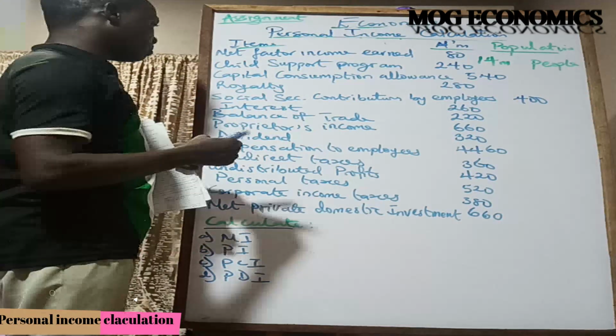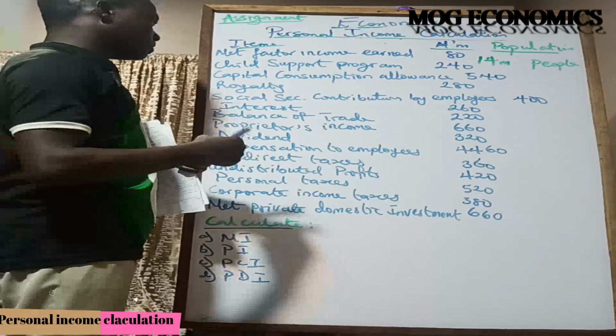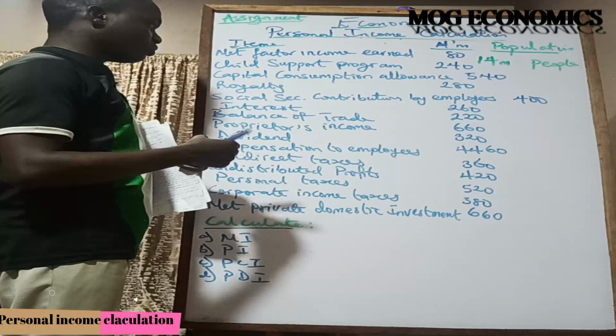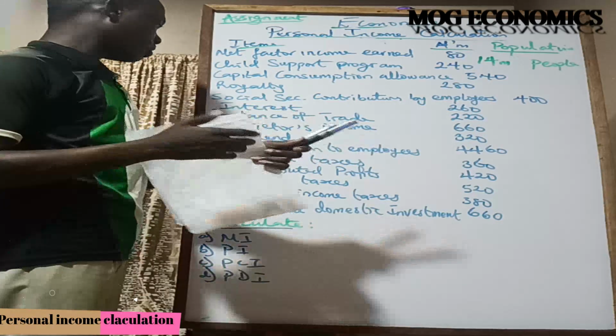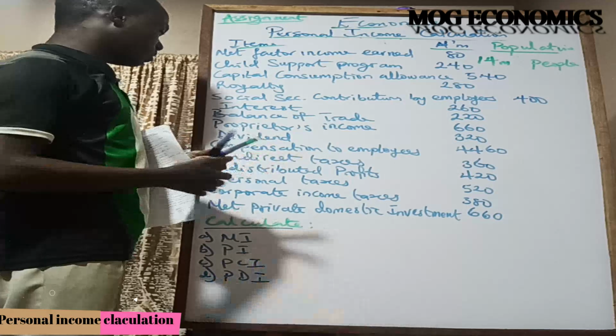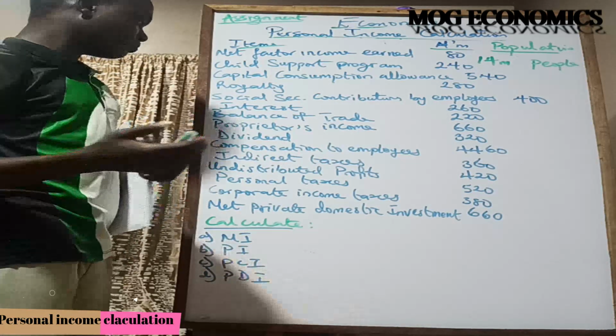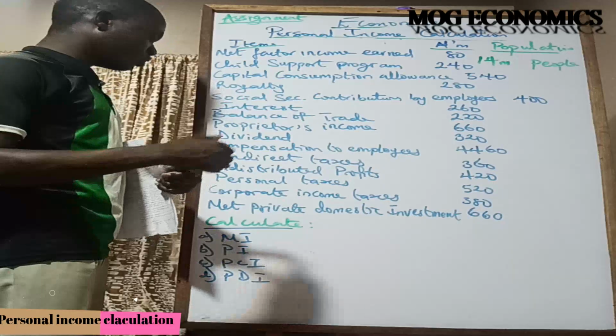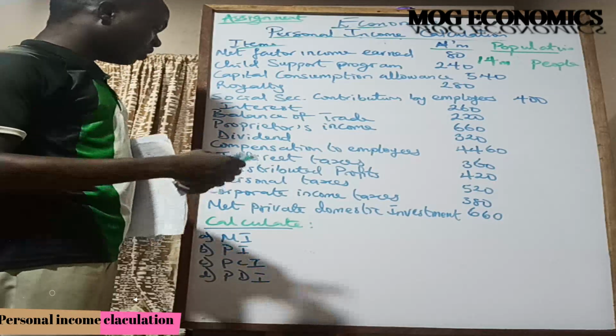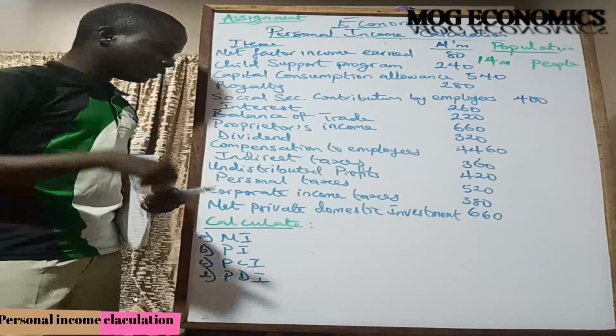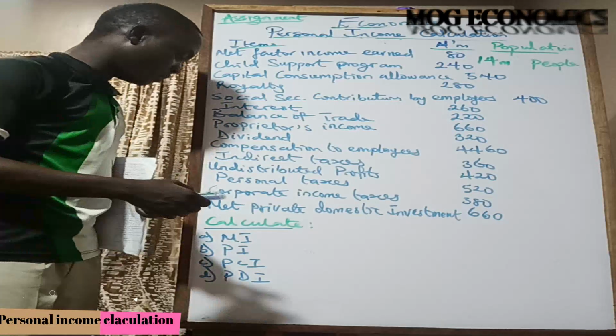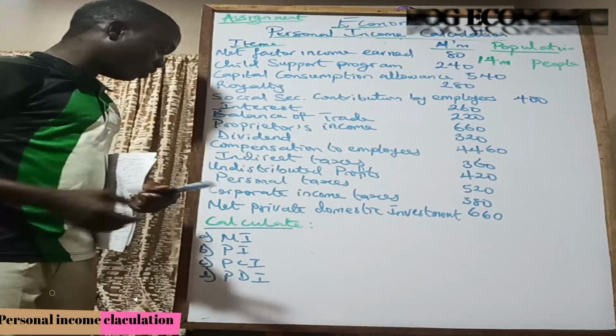Balance of trade is 220, proprietor's income is 660, dividend is 320, compensation to employees is 4460, indirect taxes is 360, undistributed profit is 420, personal taxes is 520, corporate income taxes is 380, net private domestic investment is 660. All right, so they are all in millions of naira.